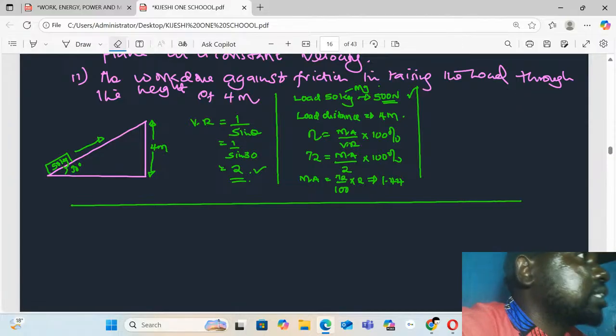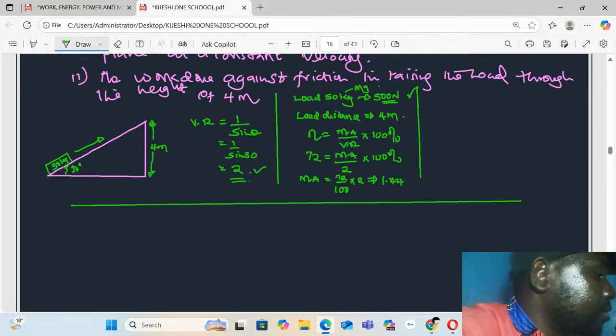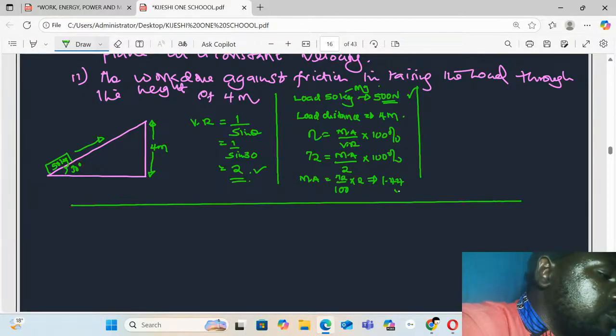So this is what I had said previously. Our mechanical advantage is 1.44. Mechanical advantage is given by the load over effort.